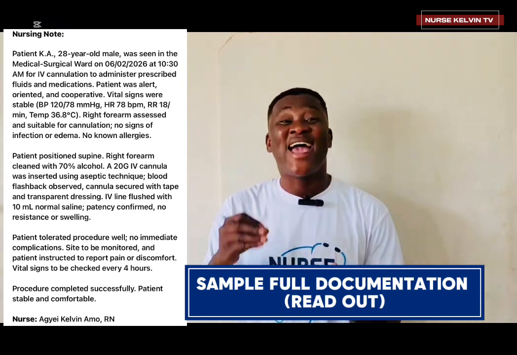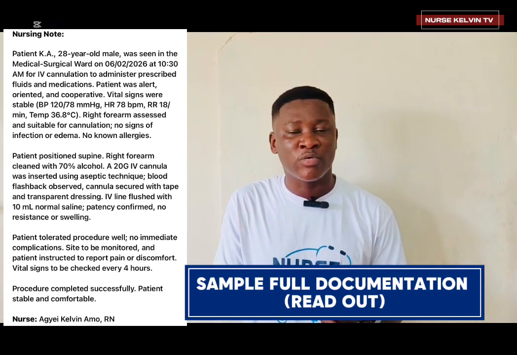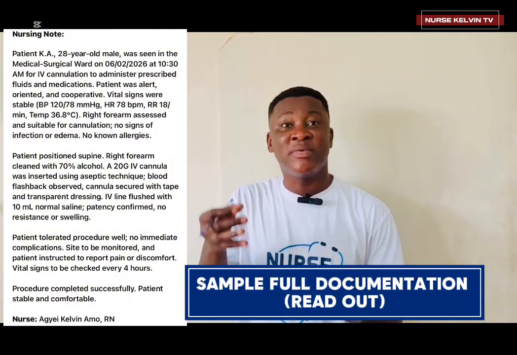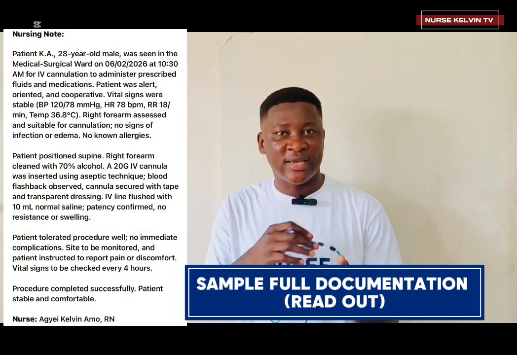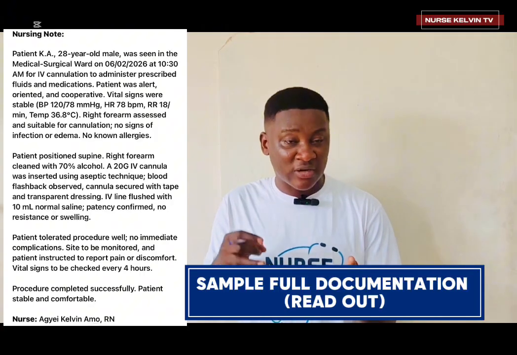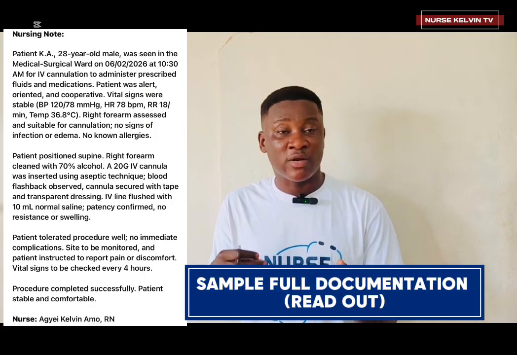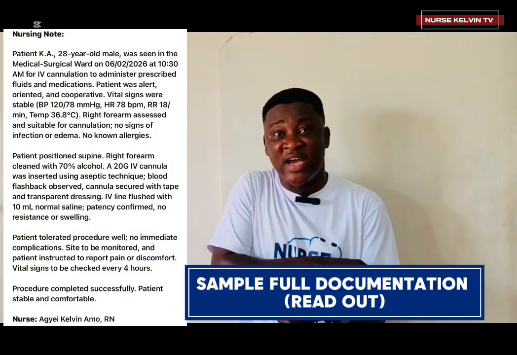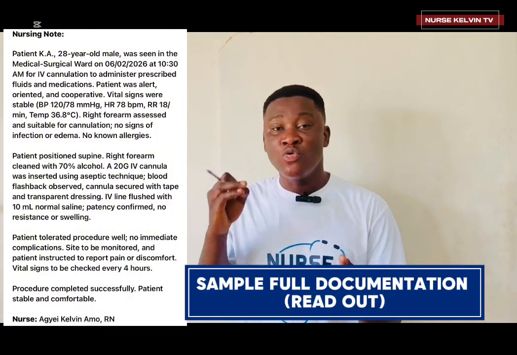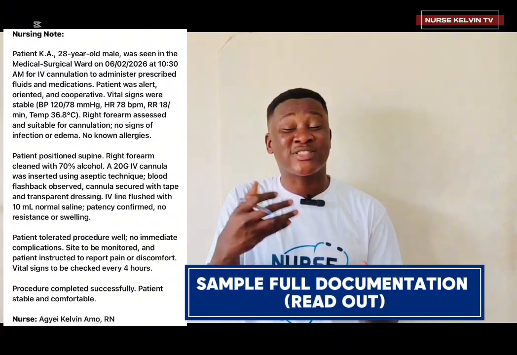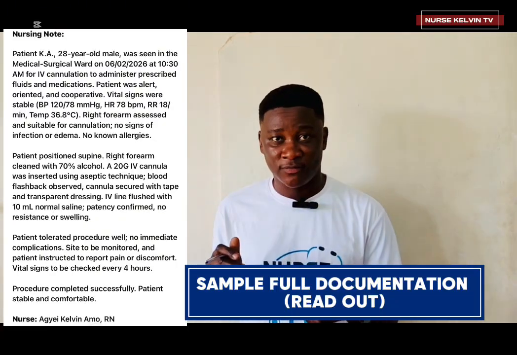Time, 10 a.m. Procedure: the procedure was IV cannulation, IV fluids, and other medication. You make sure the forearm is suitable for the cannulation, with no sign of infection, no edema, no problem. Then no known allergy means that the patient is not allergic to anything.